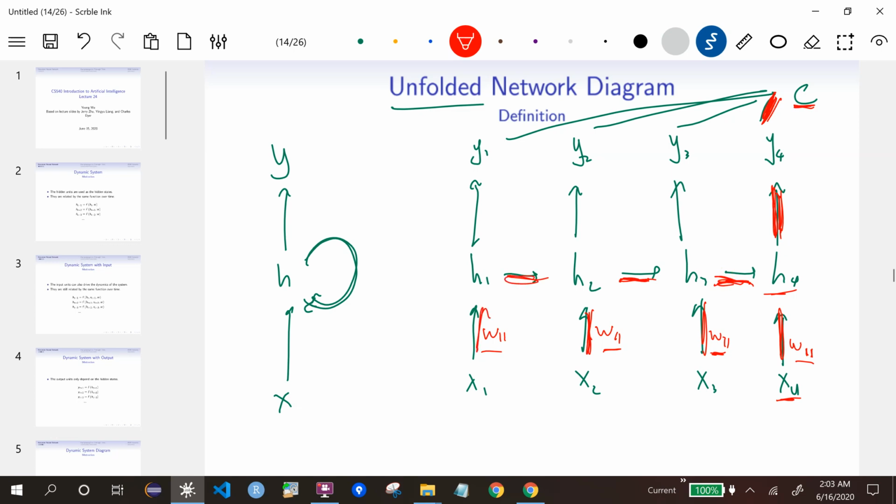So we need to consider all of these derivatives, and then we need to add all of them up. And not only that, we need to consider this path, this, and this. So you can probably see that we can do that again with all the previous ones. So the problem is we have lots and lots of different chains that can connect this particular weight with the cost, and we need to add all of them up.